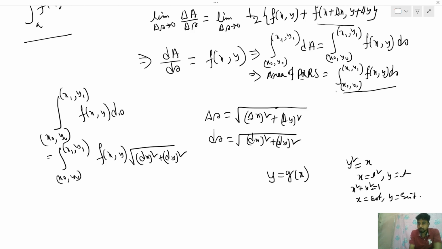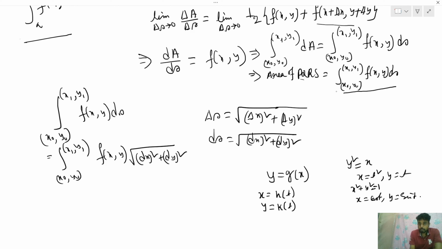I consider the parametric equation of this curve is x equal to h of t and y equal to k of t. You can check here x is a function of t and y is also a function of t. T is the parameter, and in general we consider x is a function of t, that is h t, and y is a function of t, that is k t.